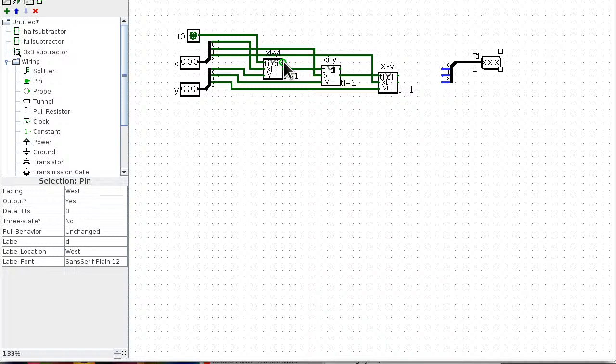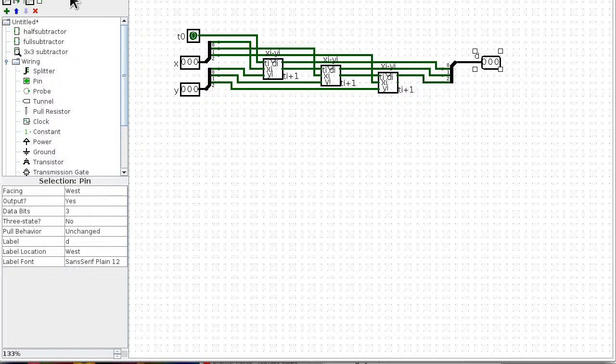We take the difference of bit 0 and hook it up to bit 0 over here. We take the difference bit of bit 1, hook it up to bit 1 over here, and then we take the difference of bit 2 and hook it up over here.